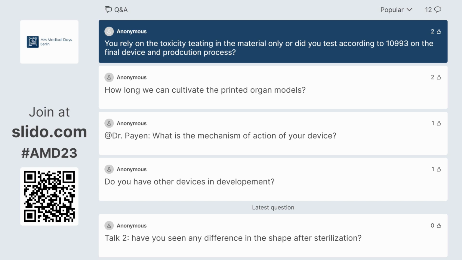For instance, for Lattice and other devices, we've done the biocompatibility on the produced device on the production platform you've seen. For the filament, if I understand the question, it's done on the raw material itself, but if you want to develop a CE marked or FDA cleared device, you have to make the test on the final device.